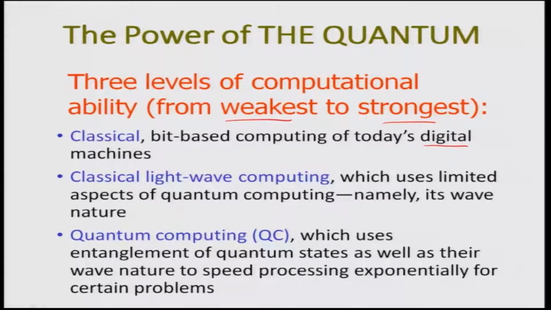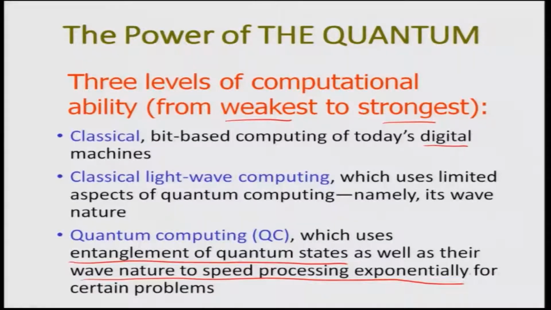The most intricate one involves quantum computing that takes advantage of the entanglement of quantum states as well as their wave nature to speed up the processing exponentially for certain problems.